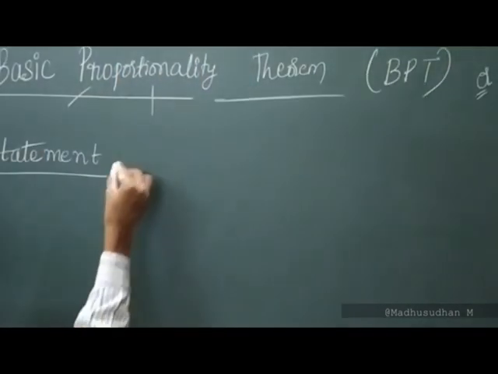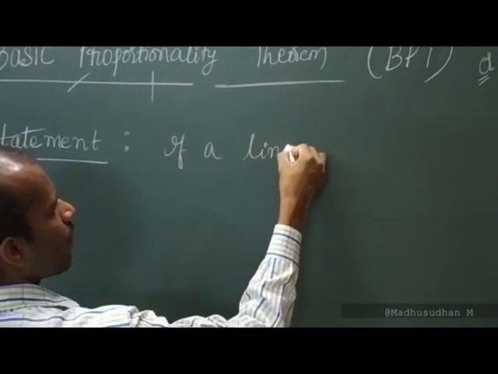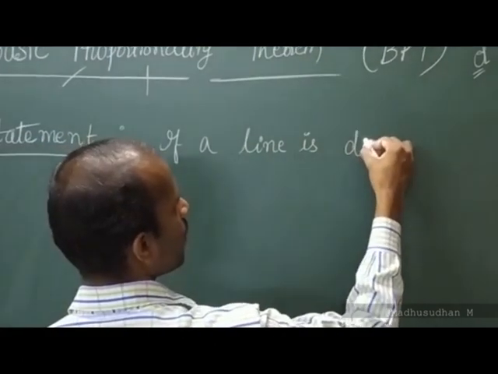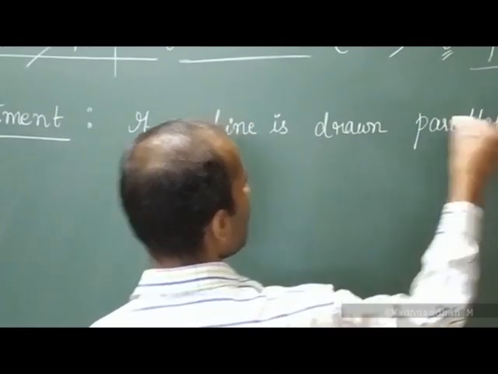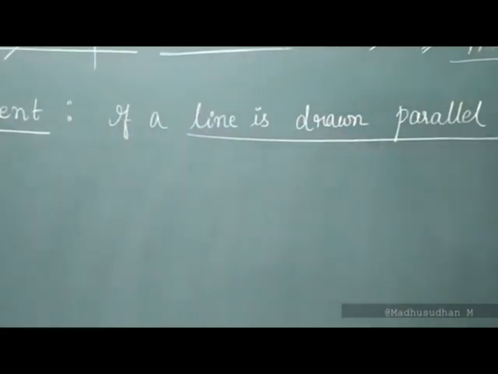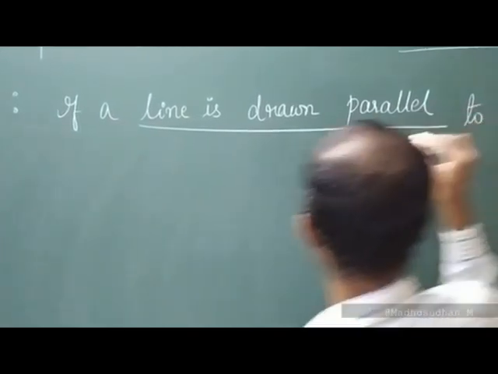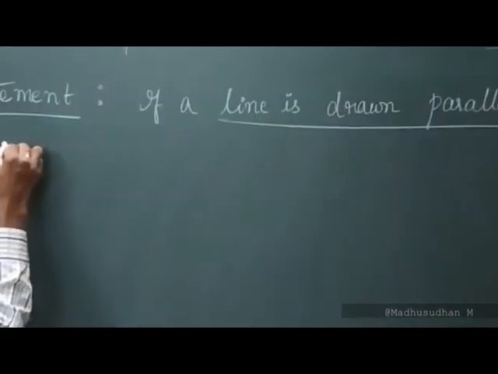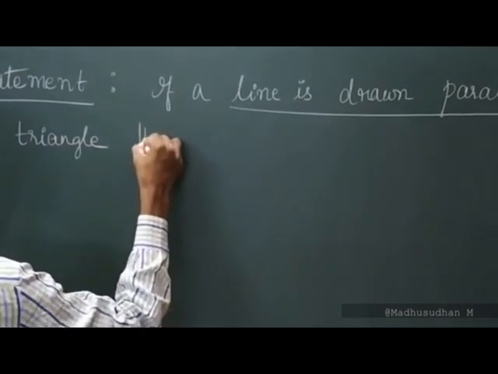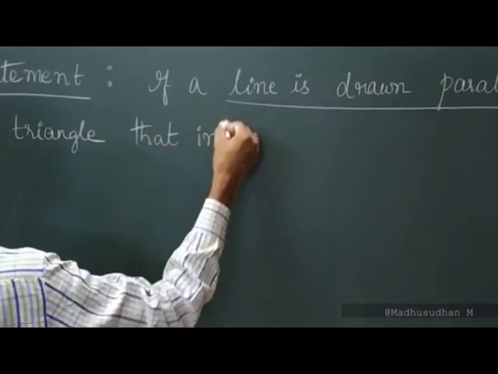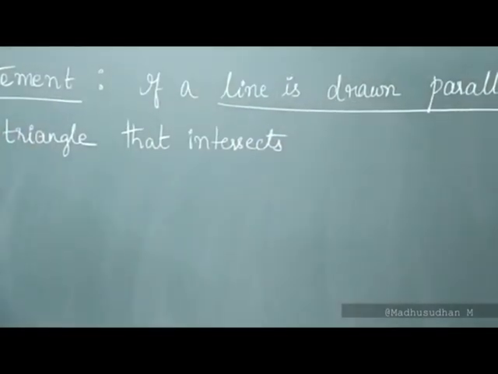Follow it, the statement: if a line is drawn parallel to one side of a triangle, that intersects... let me break this statement into as many statements.